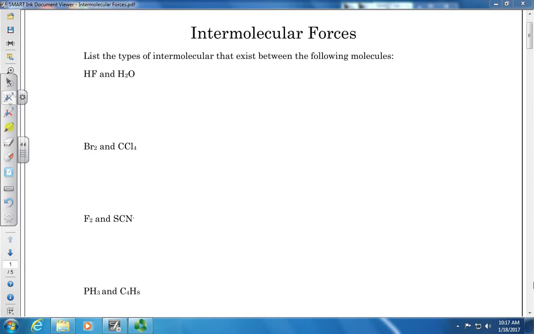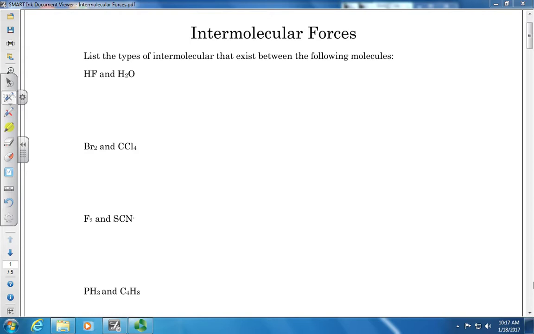There are intramolecular forces, which are forces that occur within the molecule, and there are intermolecular forces that occur between two different molecules. Those two different molecules can be the same type of molecule. They could both be methane, or they could both be water, but it has to be between two separate molecules. So let's take a look.